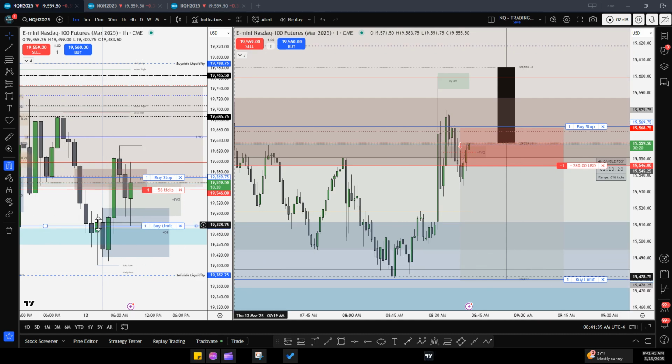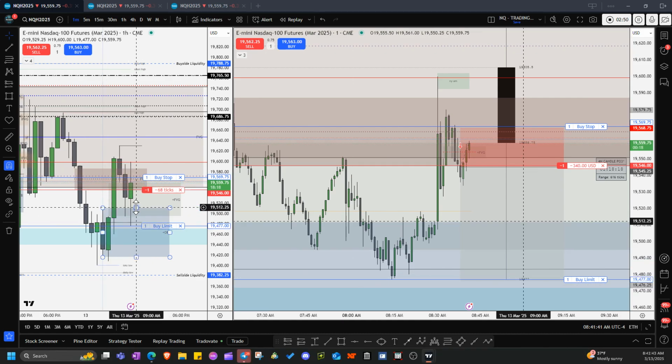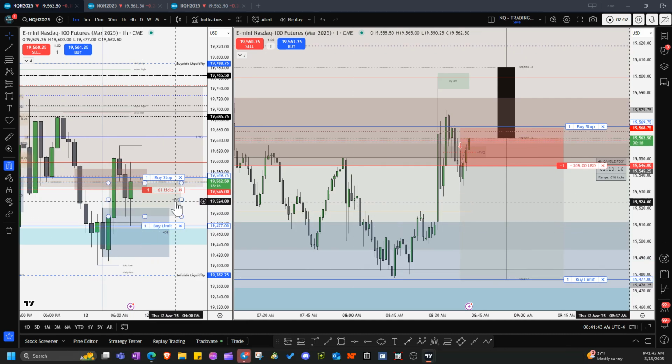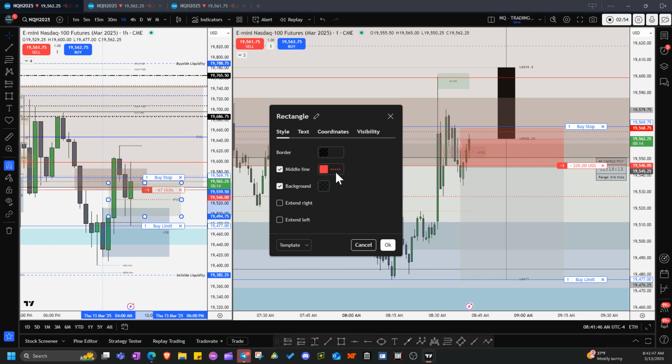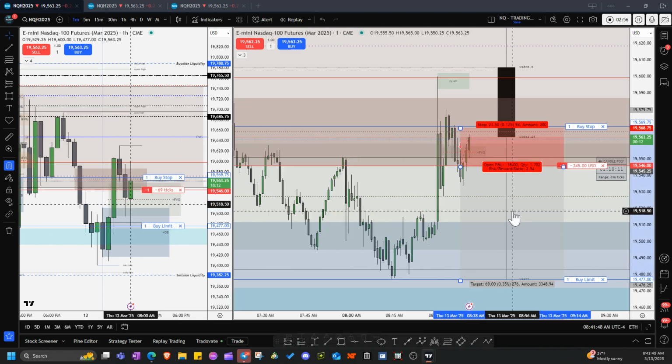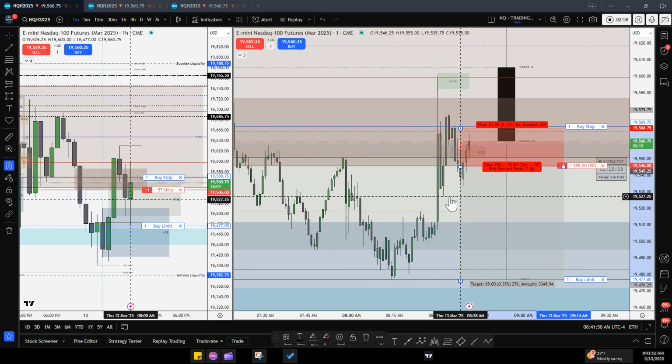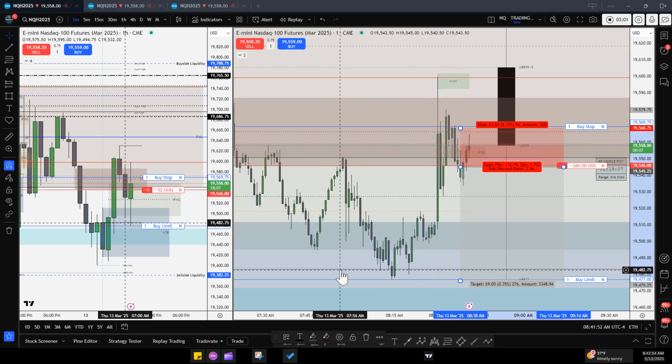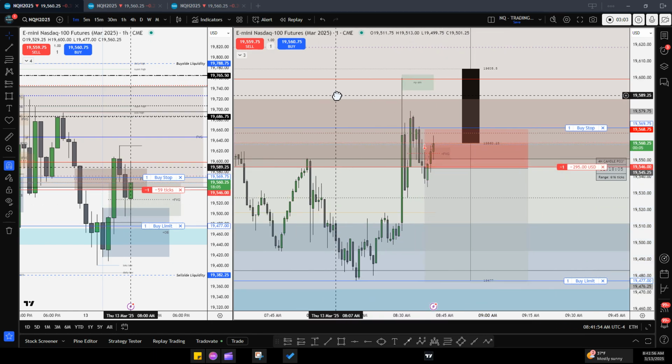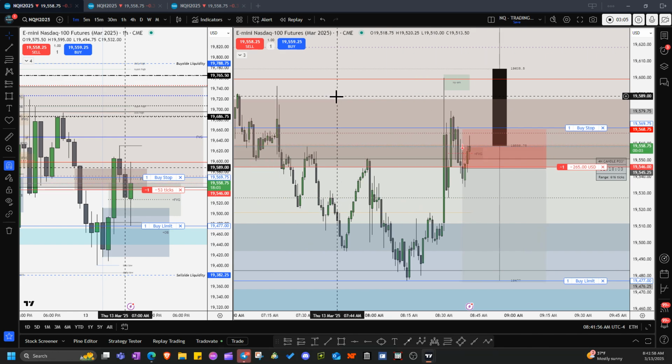Especially because they already tapped this order block here and found some support, and the price wanted to close above 50% of this area here, as you guys can see right here. So I might get stopped out here.